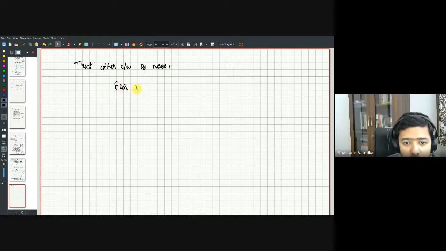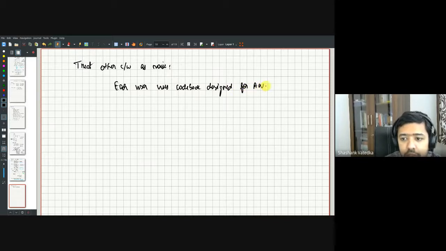Each user uses a codebook designed for AWGN channels.